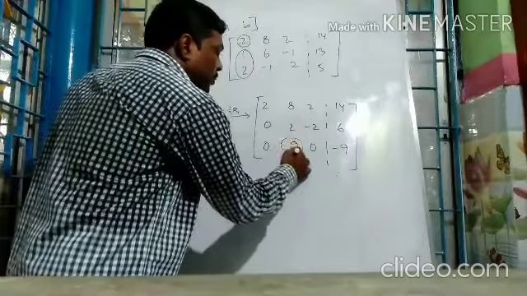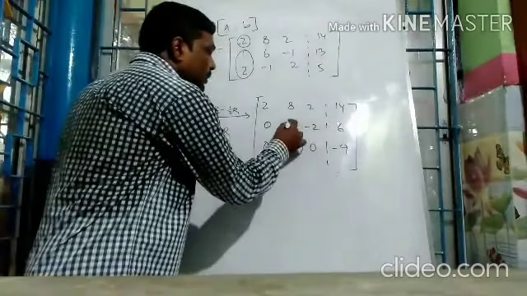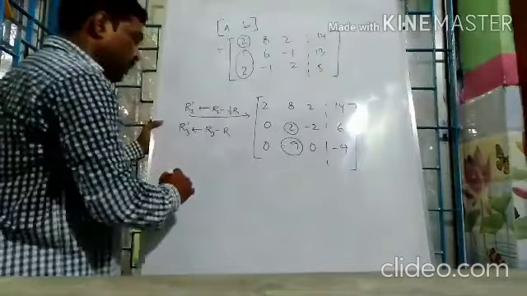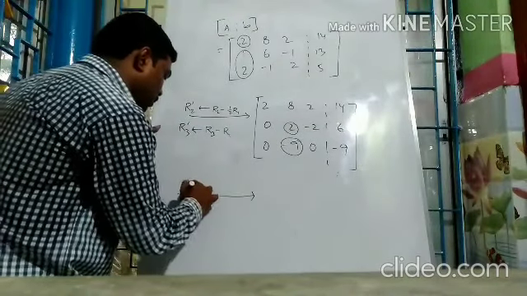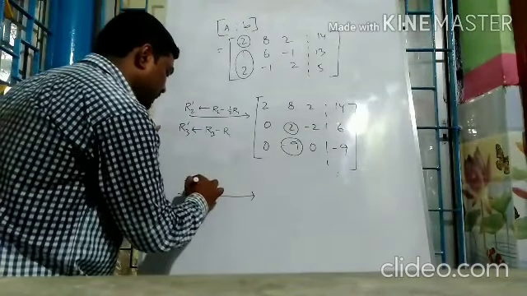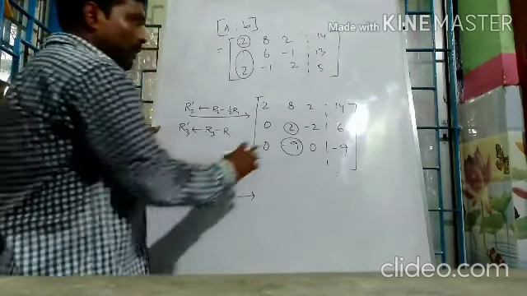Now we have to make this minus 9 into 0 using this element 2. So the operation is, new row R3 is R3 minus, make it 1 first.